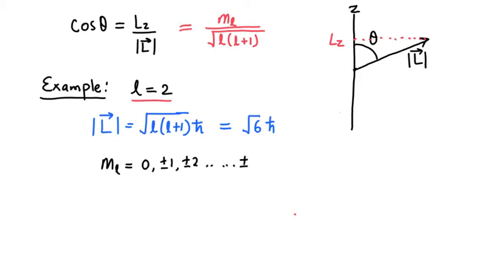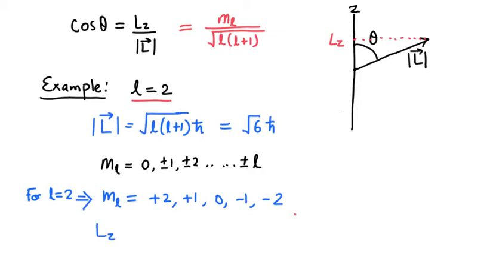Because plus minus l is going to be plus minus 2, m_l can take values 0, plus 1, minus 1, plus 2 and minus 2. So there are 5 possible z components of the L vector, and those values are 2h bar, 1h bar, 0, minus h bar, or minus 2h bar.